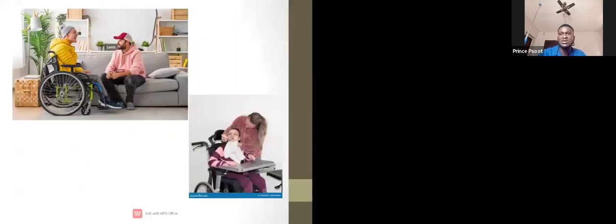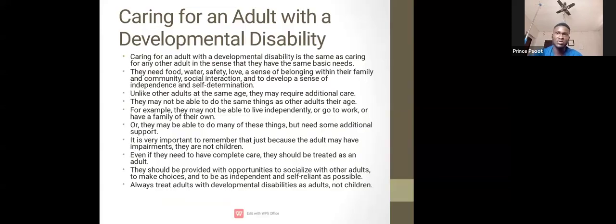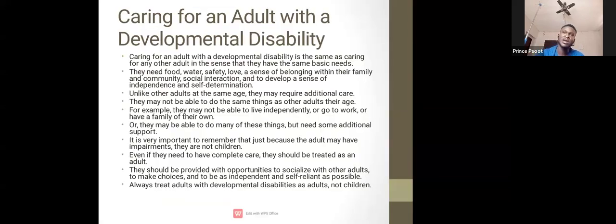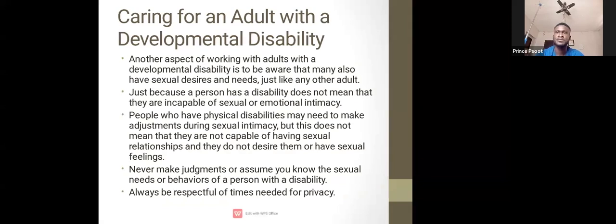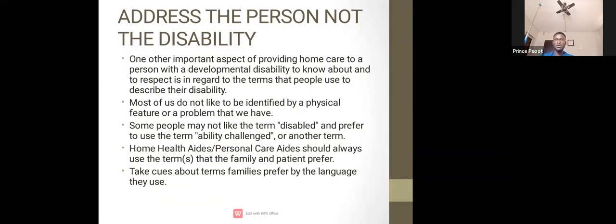Then we also talked about caring for a child with developmental disability, and also caring for adults with developmental disability. We also talked about expectations and attitudes. What are the expectations from us and the attitudes from us as home health aides when taking care of a patient at home?